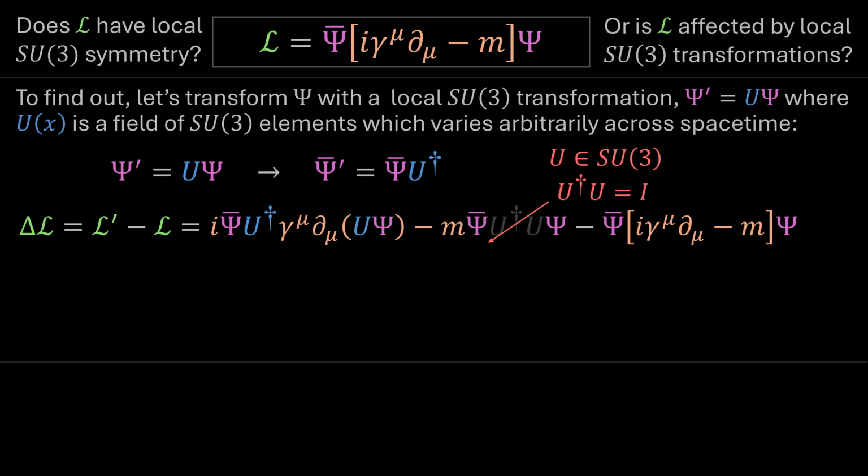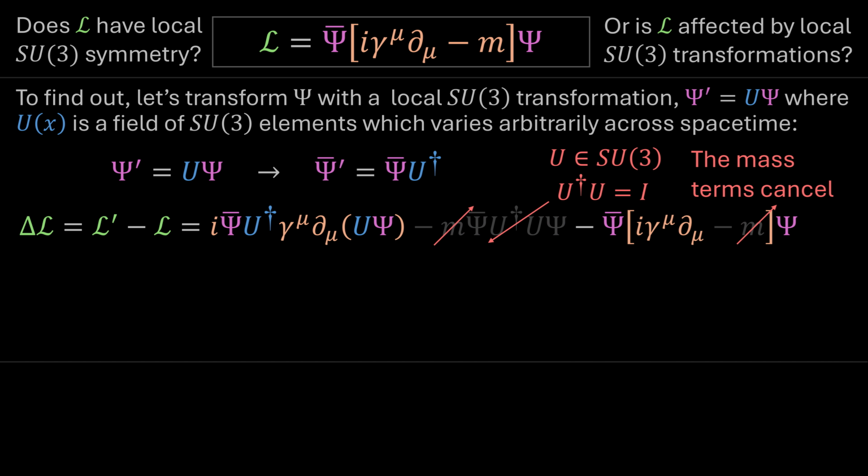But then, once that term cancels out, you recognize that the mass term in the middle of the equation is exactly the same as the mass term on the right of the equation. In both cases, you have m times psi bar psi. And m is a scalar, so that commutes, so we can pull that out to the front. And so those two mass terms are going to cancel each other out.